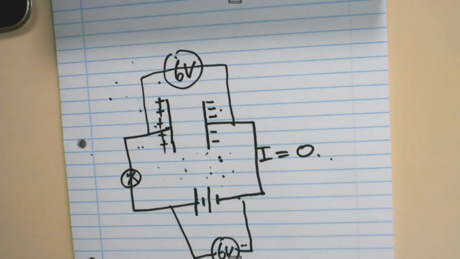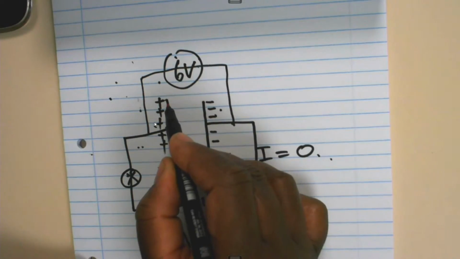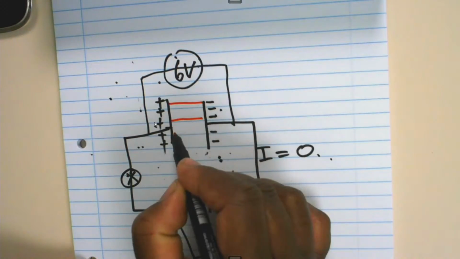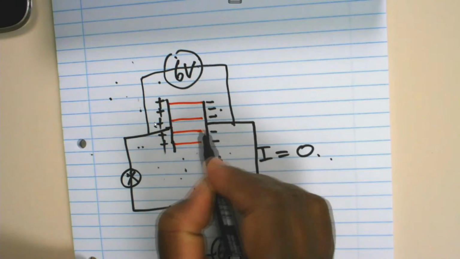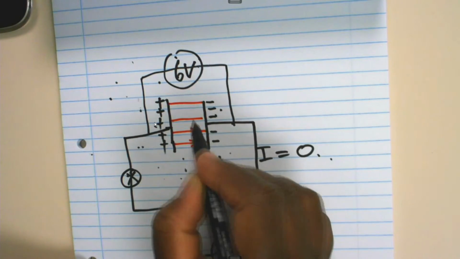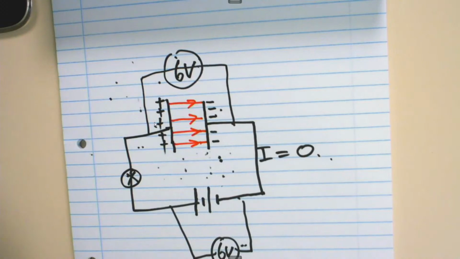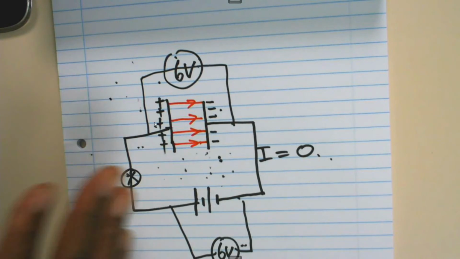And then when that happens, there will be an external electric field between the plates, the direction will be from positive to negative.